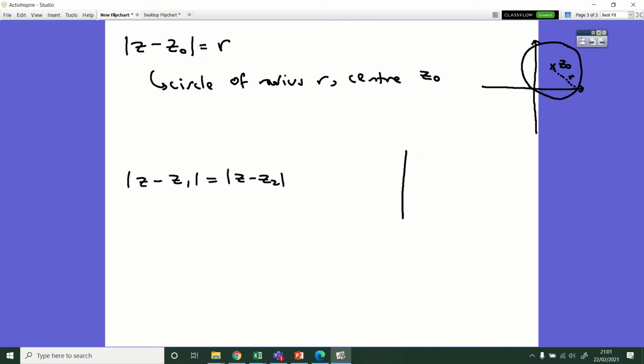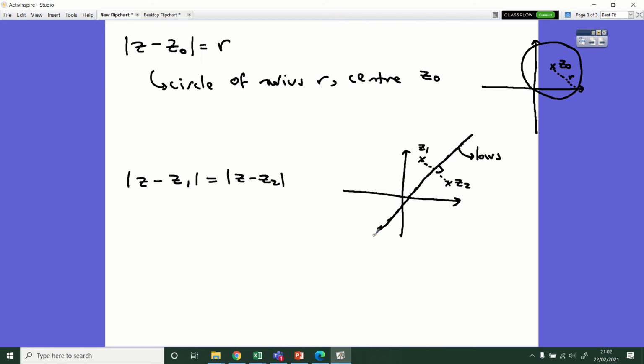Now, as a locus, if I were to plot two points, then this locus with equal distances from those points is going to look like this. It's going to be the perpendicular bisector. Maybe I'll do this solid so it distinguishes it from the line I've just drawn. There you go. So that's the locus of points there.